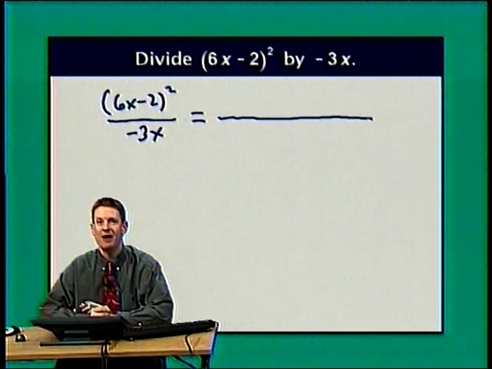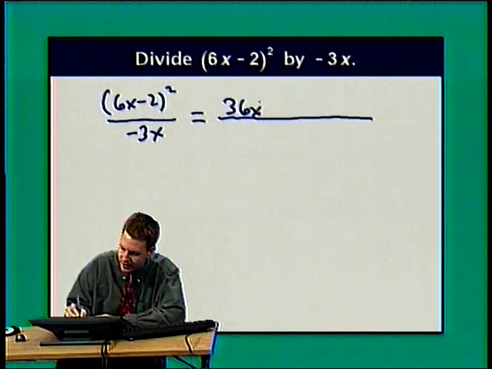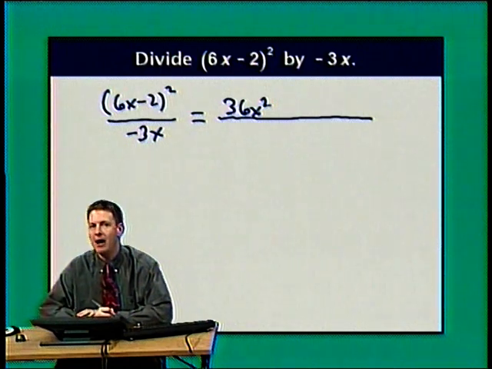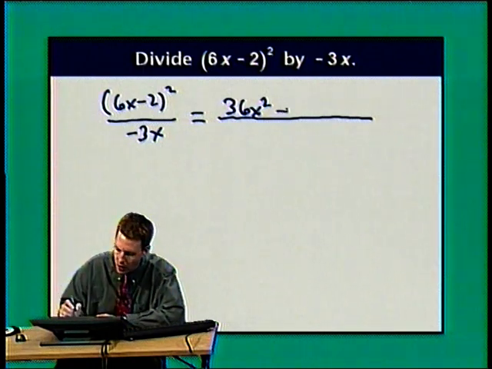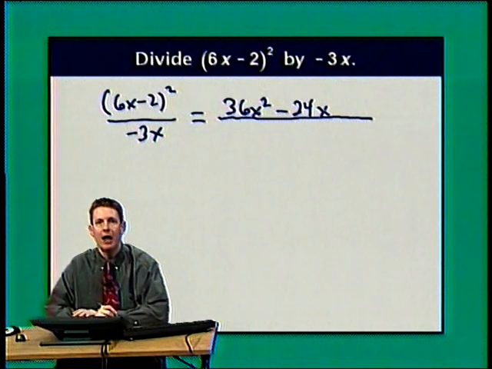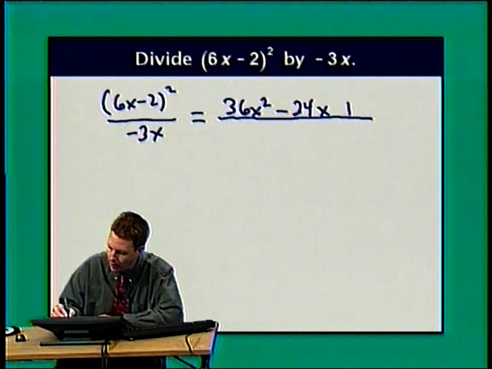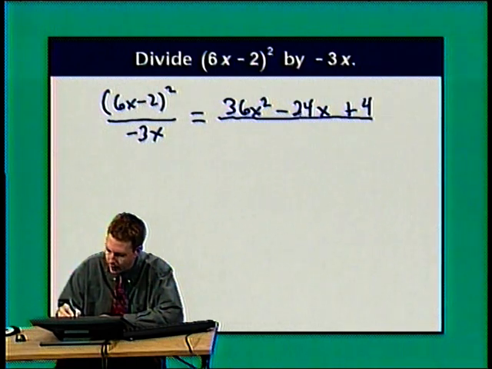So in using my formula, a minus b quantity squared, my a squared is the quantity 6x squared, which simplifies to 36x squared. My minus 2ab is going to be minus 2 times 6x times 2. So altogether I have minus 24x. And then my plus b squared is going to be plus 2 squared, which is plus 4.